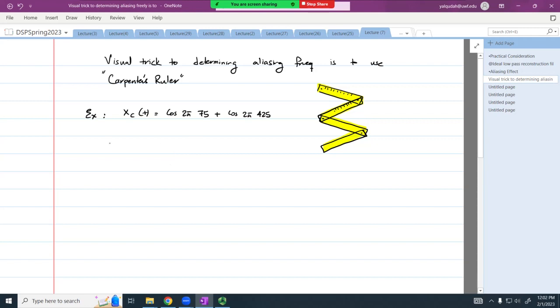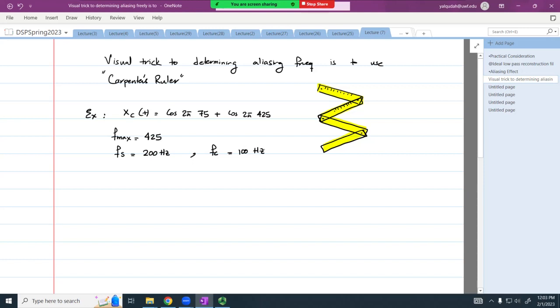So what is the maximum frequency of this signal? 425. Now let's say we sample this signal at 200 hertz, and therefore we have a cutoff that is 100 hertz.